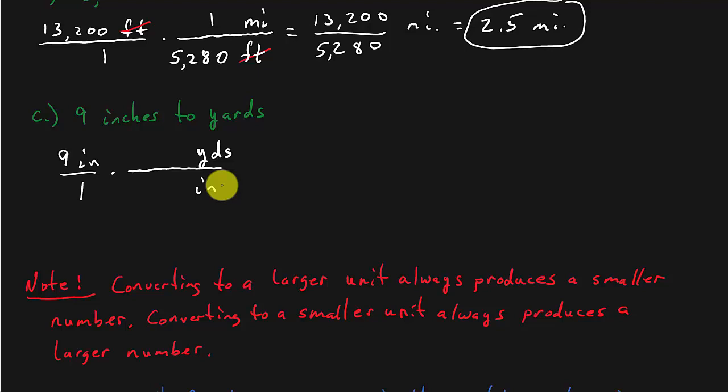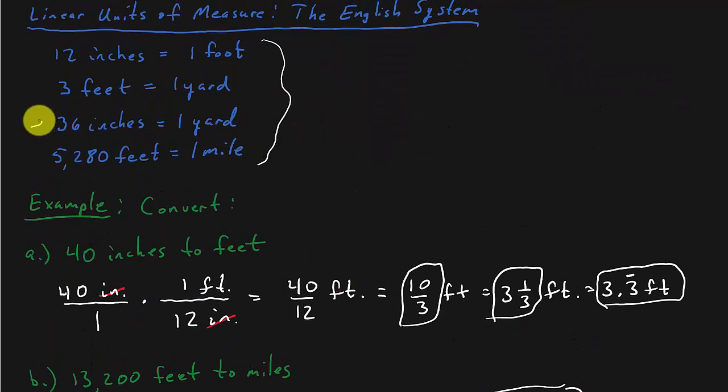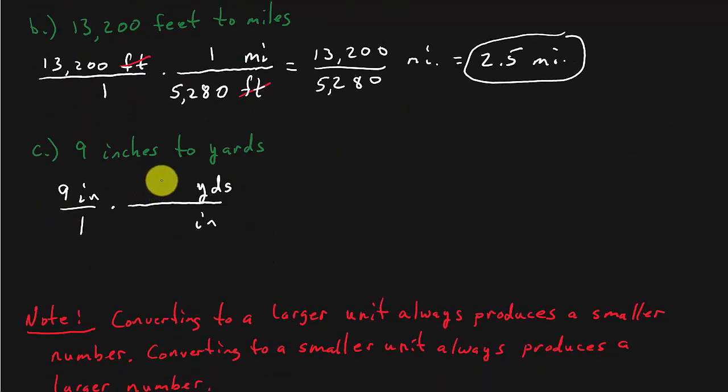Now, do I have a relationship between yards and inches? Well, let's go back up here and see. Here it says there's 36 inches in 1 yard. So 1 yard has 36 inches.